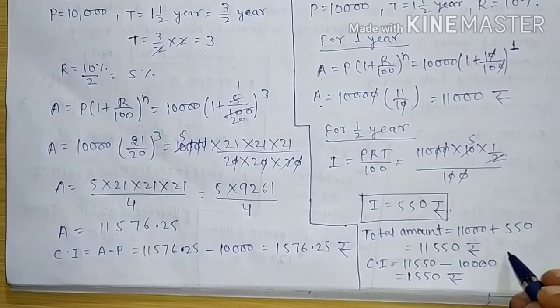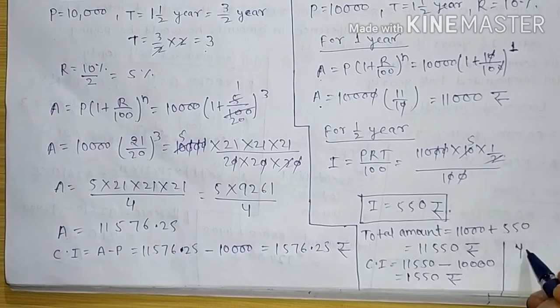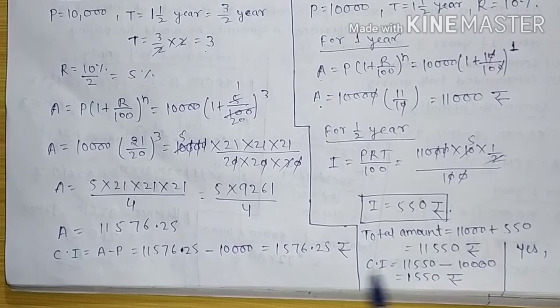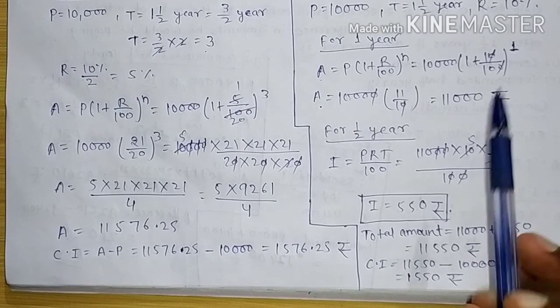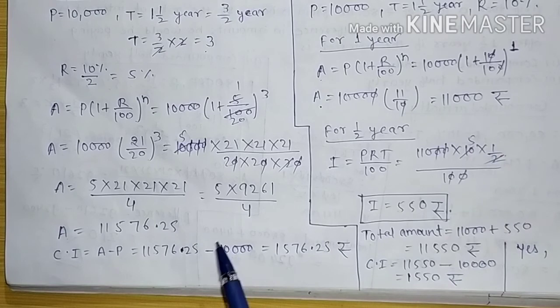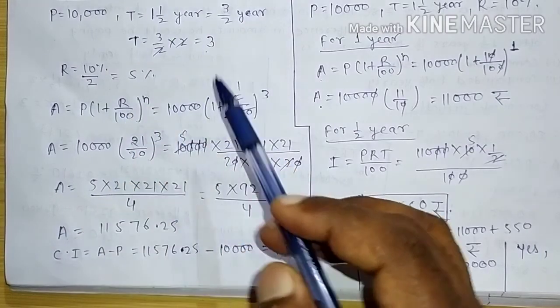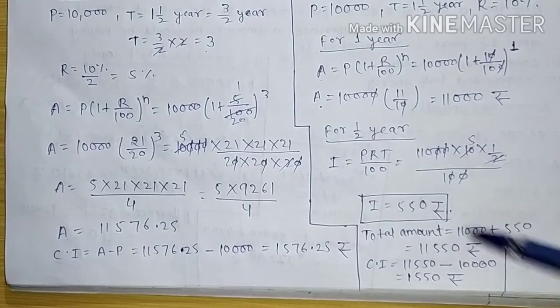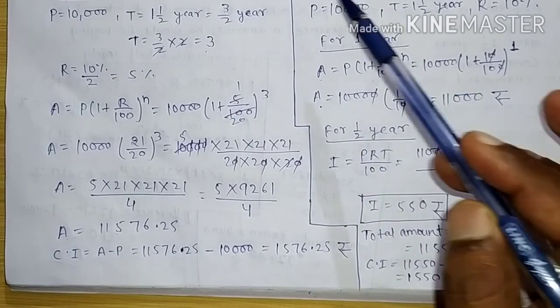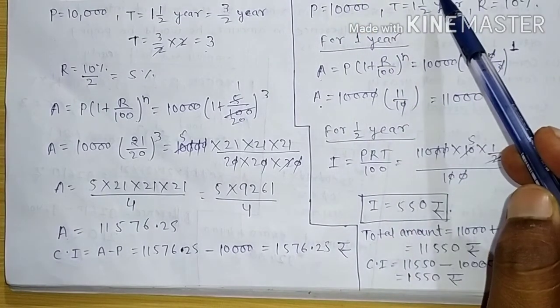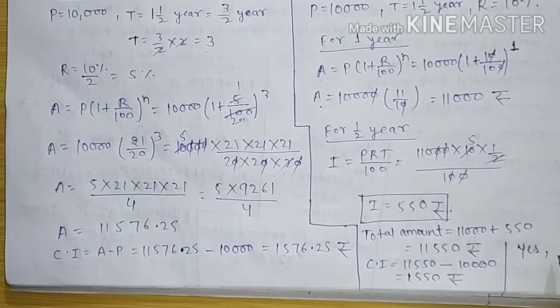That means the answer is yes. The compound interest when compounded half yearly is greater than the compound interest when compounded annually. So yes, it is the answer.